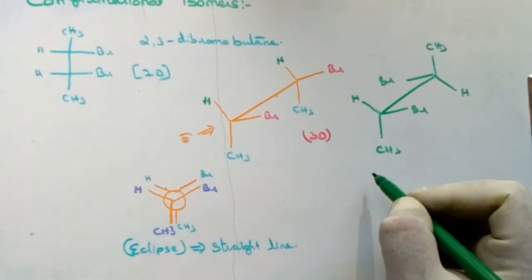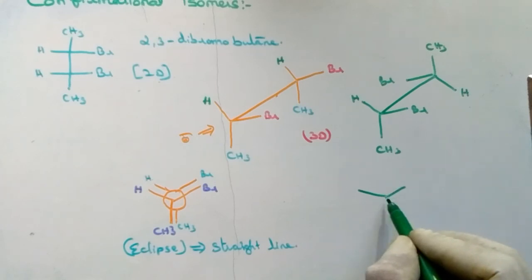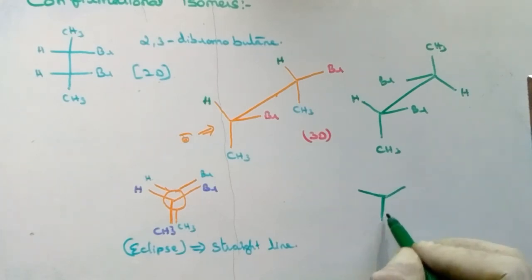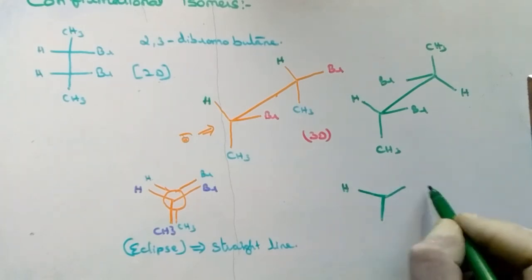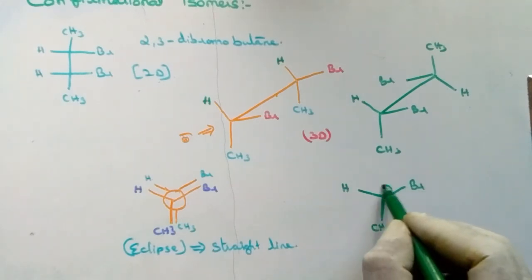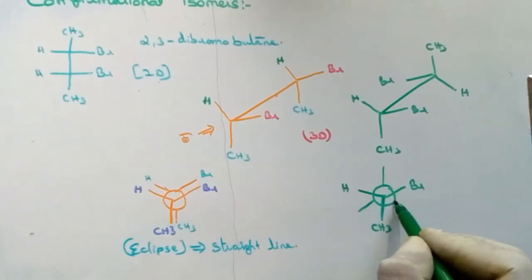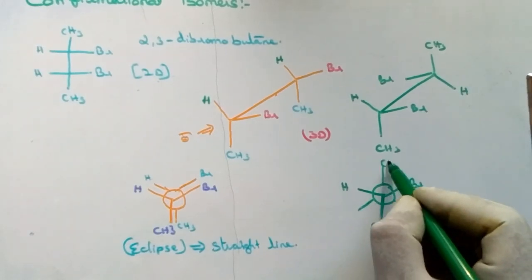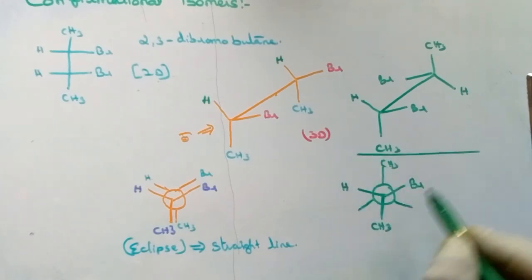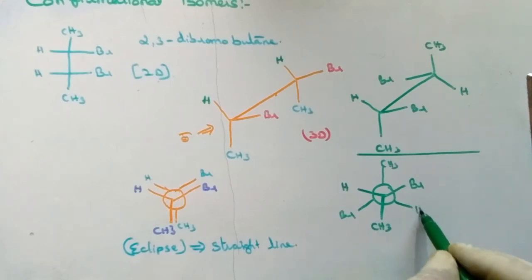If we see from the front carbon, then how will it look? The front carbon will not be changed. So here hydrogen, bromine, CH3. To indicate it is in the rear position, we draw a circle, but it will look like this. CH3 will go upward, here bromine, and here hydrogen.